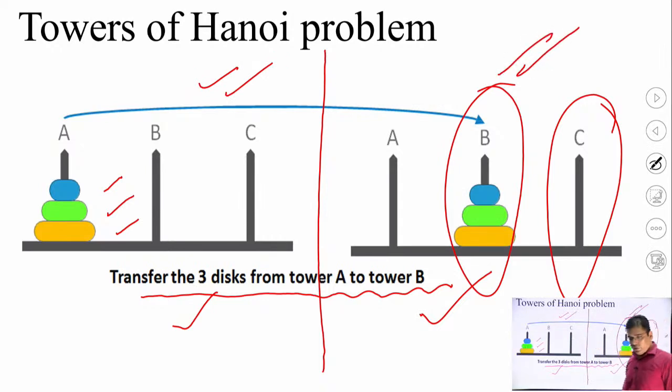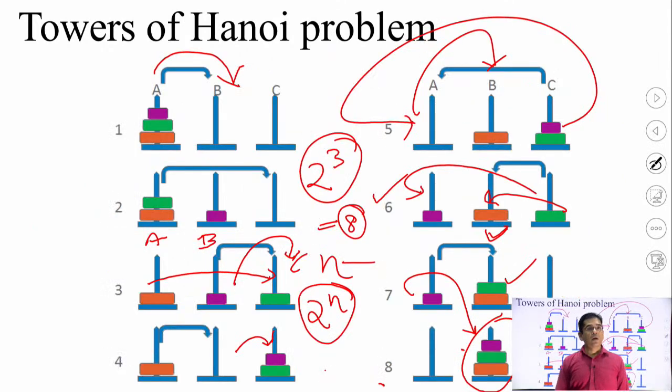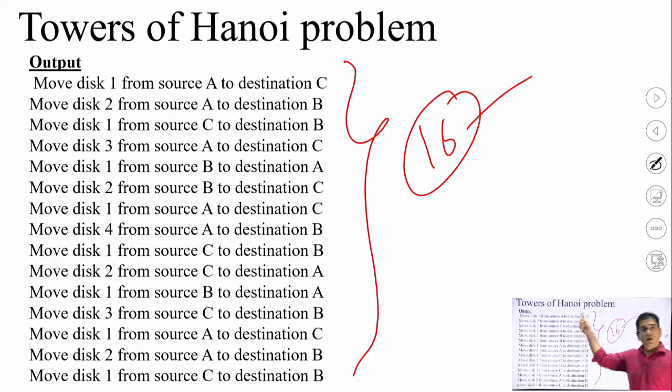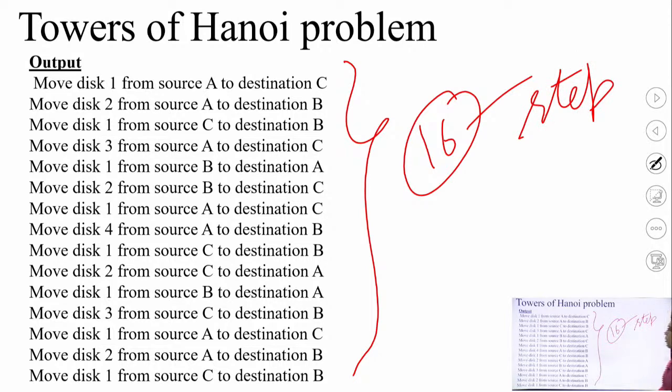So this is one of the examples having 3 disks, so a total of 8 steps are required, and then this is the source code explaining the Tower of Hanoi Problem in Python by using recursion, and the driver code to give this output. So this is the required output, the 16 step output of the Tower of Hanoi Problem.